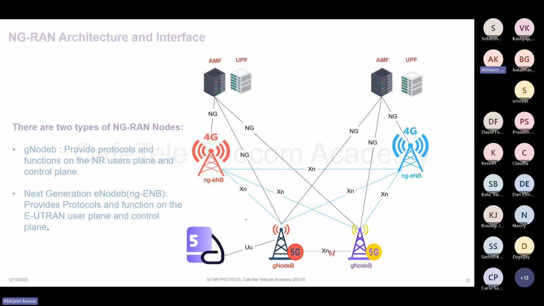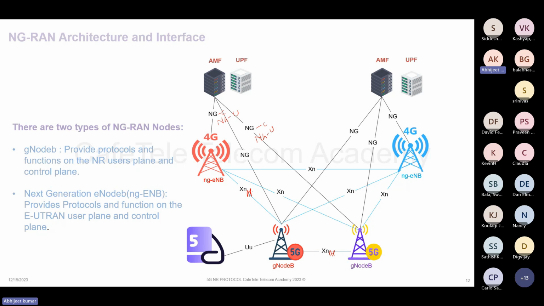If gNodeBs want to speak or communicate, they have to use the Xn-AP protocol. 4G is also available, connected to the AMF and connected to the UPF. When it's connected to the AMF, they can speak with the NG interface, and when it's connected to the UPF, also the NG interface. So these are the protocols, guys, NG-C and NG-U interfaces, that they are using.